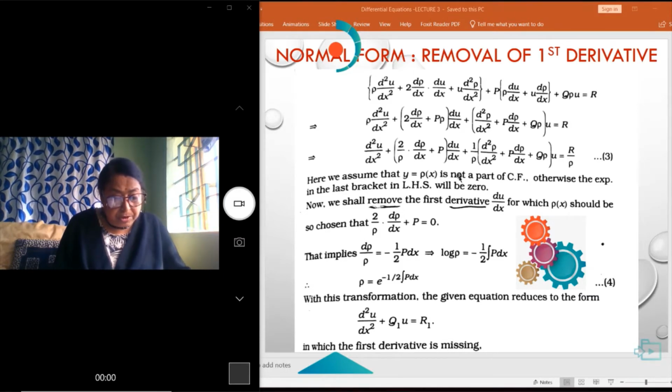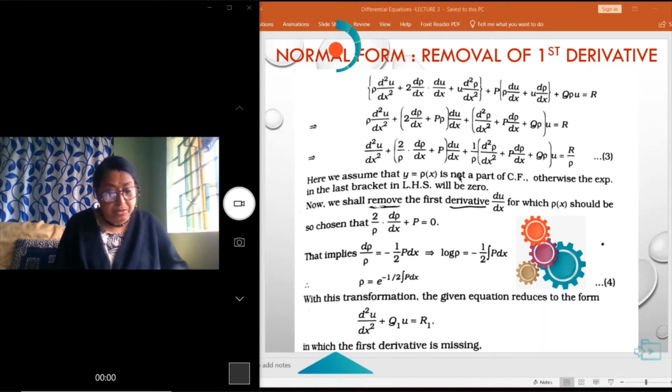So we get 2/ρ dρ/dx + p = 0. From this we get dρ/ρ = -½ p dx, and from this ρ = e to the power of minus half ∫p dx.